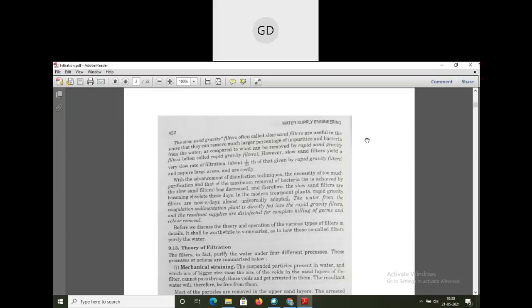So nowadays, these slow sand filters are becoming obsolete.